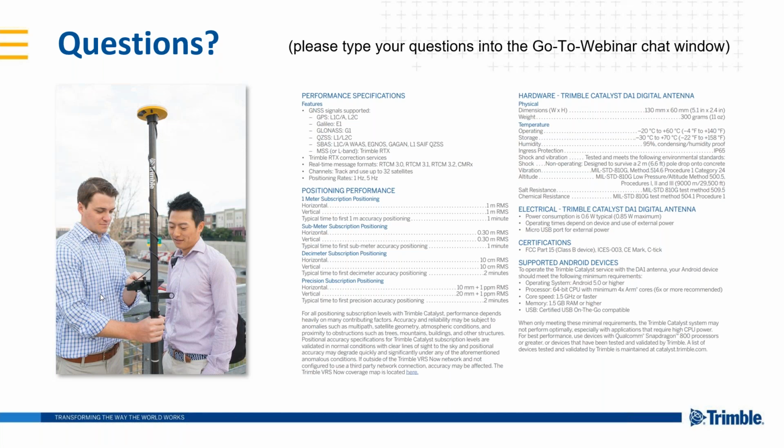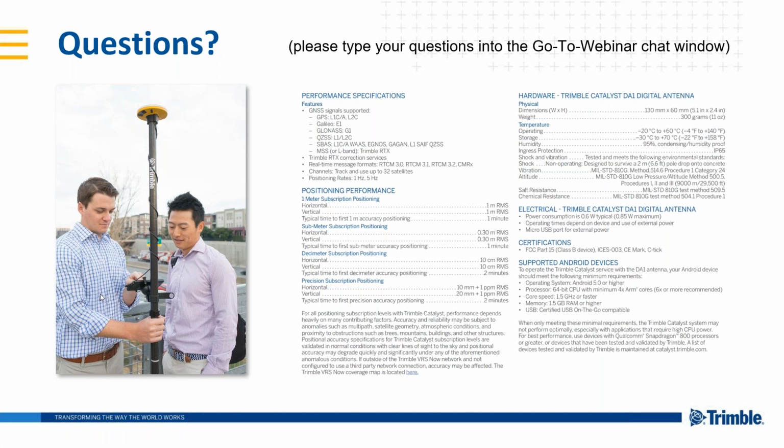So if you are offline in the field, you can still use the system, but the corrections hub will fall back to the Trimble RTX technology, which will give you 30 to 50 centimeter level performance. It can be better than that, but it depends a little bit on where you are.